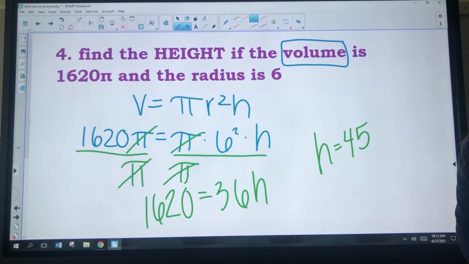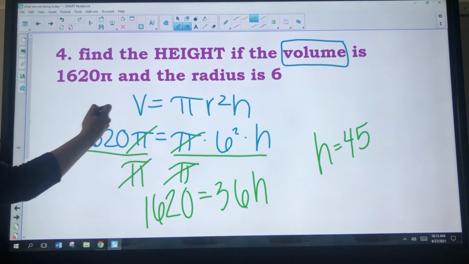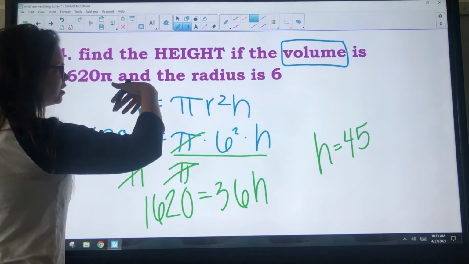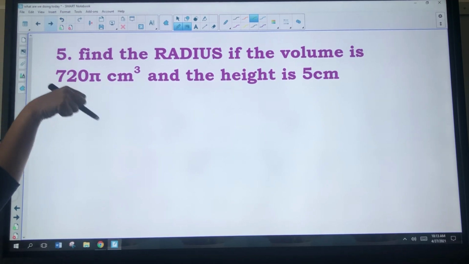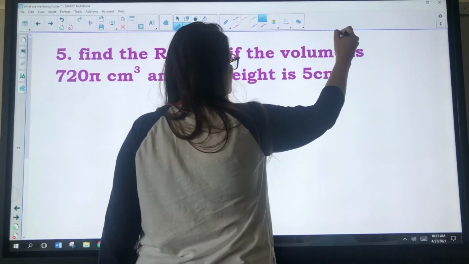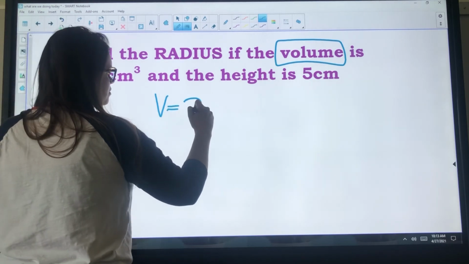Okay. And the last thing, basically you can find any part of the formula given any of the other information. This one I remembered. This time we're finding the radius if the volume is this and the height is this. But again, you still use the volume formula.